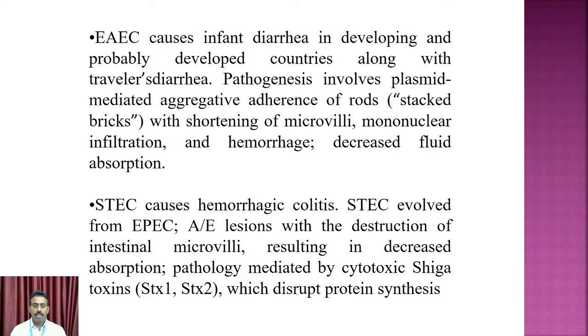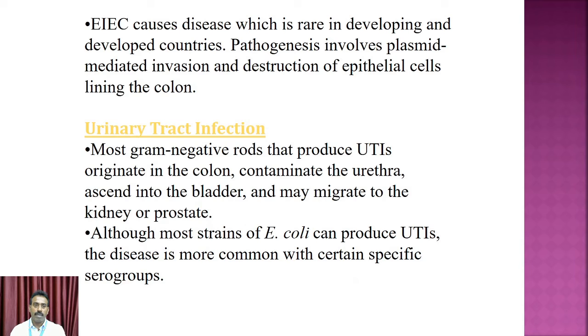So next, STEC causes hemorrhagic colitis. STEC has lesions like EPEC, enteropathogenic E. coli, with destruction of intestinal microvilli resulting in decreased absorption. The pathology is mediated by the cytotoxic Shiga toxins 1 and 2, which disrupt protein synthesis.